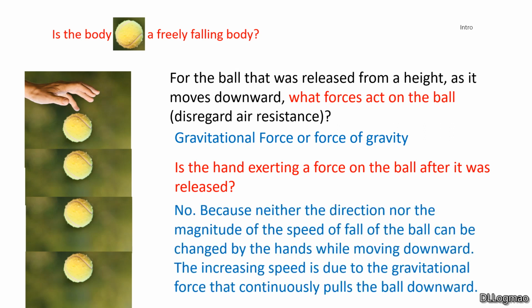No, because neither the direction nor the magnitude of the speed of fall of the ball can be changed by the hands while moving downward. The increasing speed is due to the gravitational force that continuously pulls the ball downward.